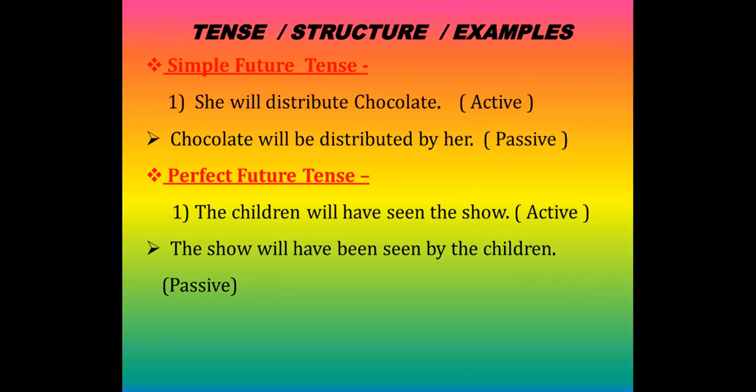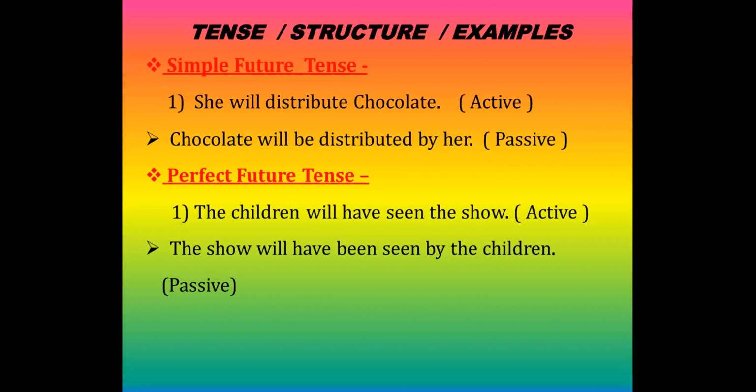Next one is future perfect tense. The children will have seen the show. How does it change into passive voice? The show will have been seen by the children. Okay.